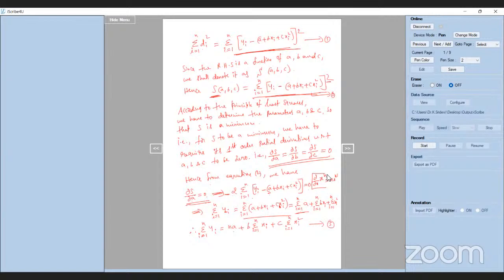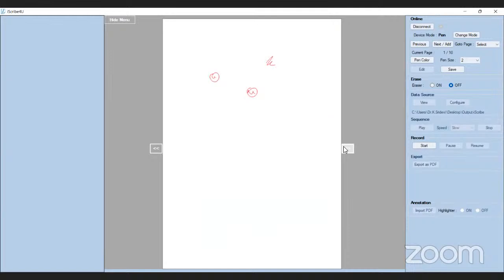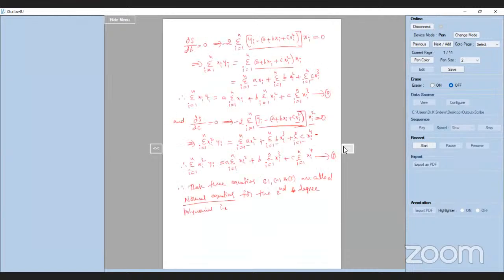So anyway, we have to find all these required summations by using the tabular values. After getting that, we will get 3 simultaneous linear equations in a, b, and c. So solving these 3 equations, we can get the values of a, b and c.